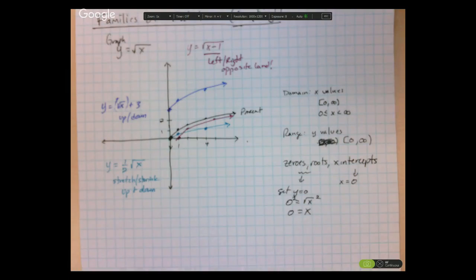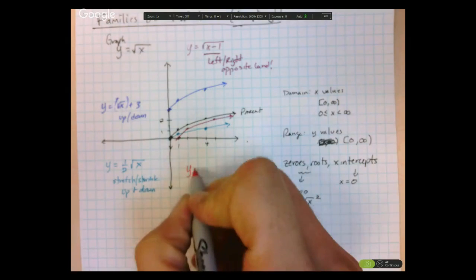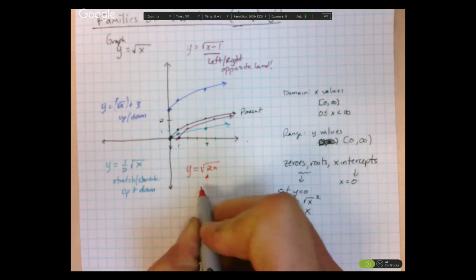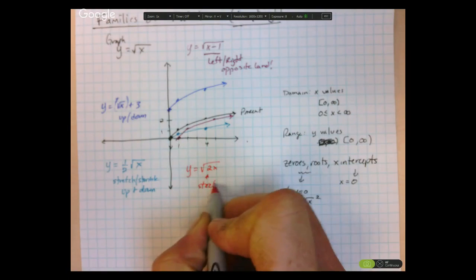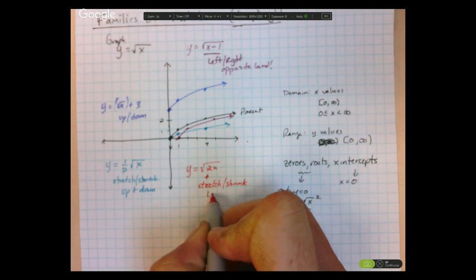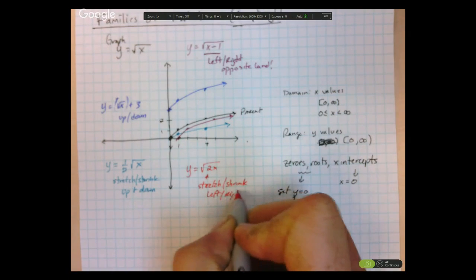Then here's the one that I always have trouble with. y equals the square root of 2 times x. Okay. This is a stretch or shrink left or right.